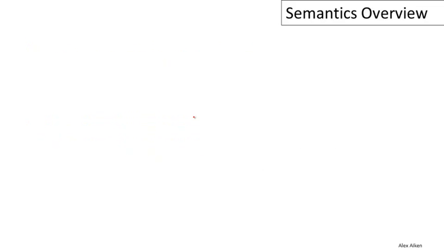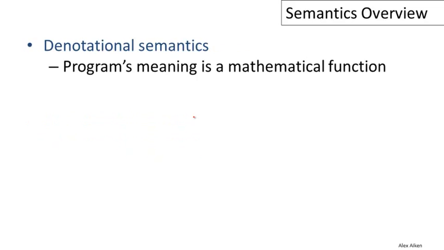and it's what we're going to use to describe the semantics of Cool. I want to mention two other ways of specifying programming language semantics because they're important, and you may come across them at some point outside of this class. One is denotational semantics, where the program's meaning is given as a mathematical function.